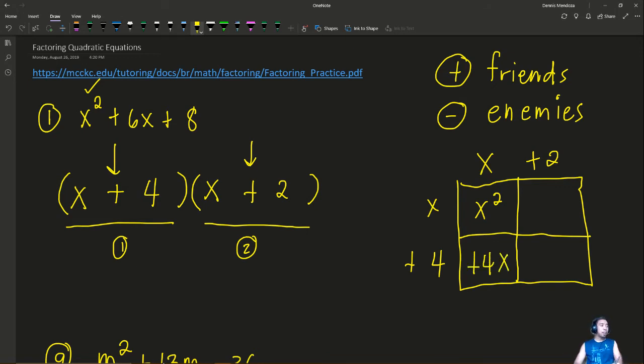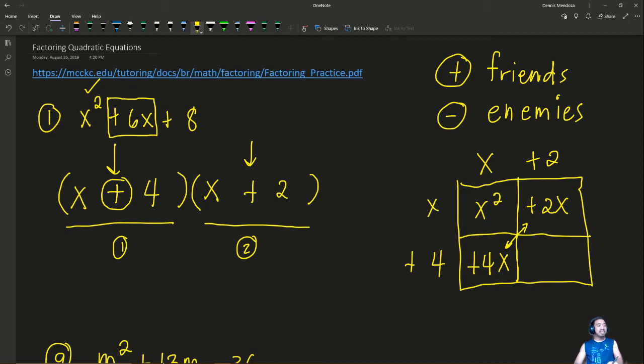And then positive 2 times x is positive 2x, okay? If you add this together, it's just going to be positive 6x. That's it, okay? So, tama lang, right? So, I am correct to just copy the sign to the bigger factor, okay?